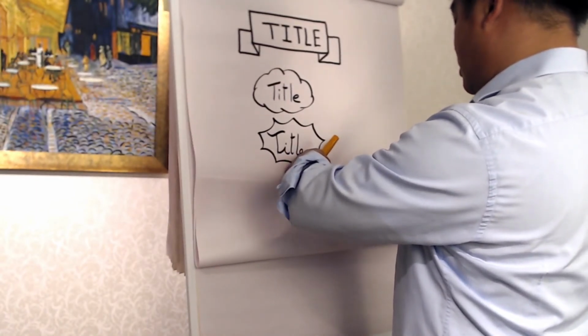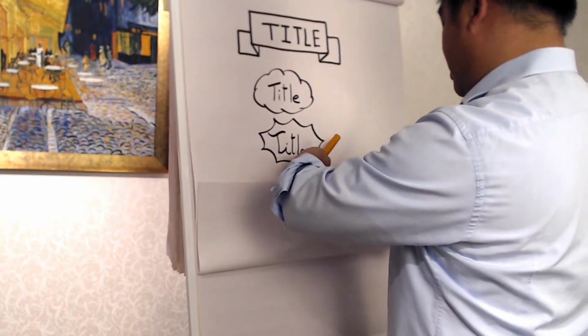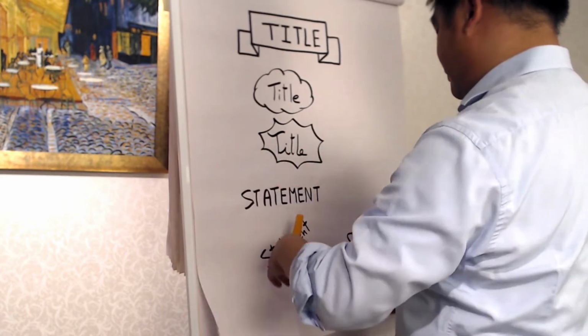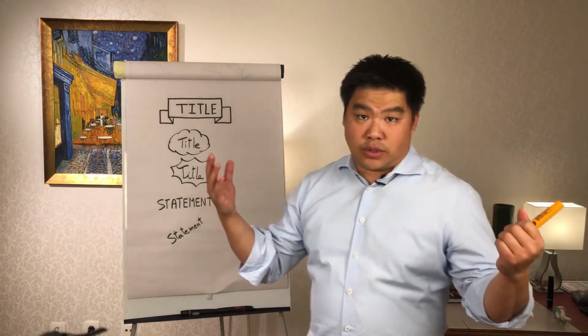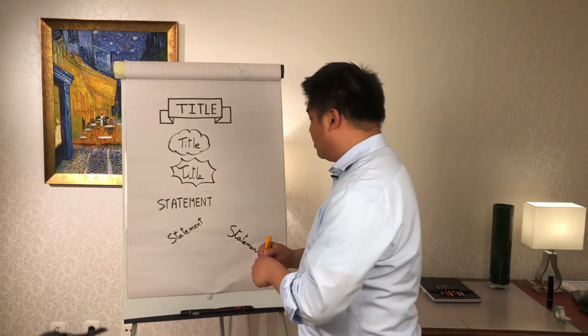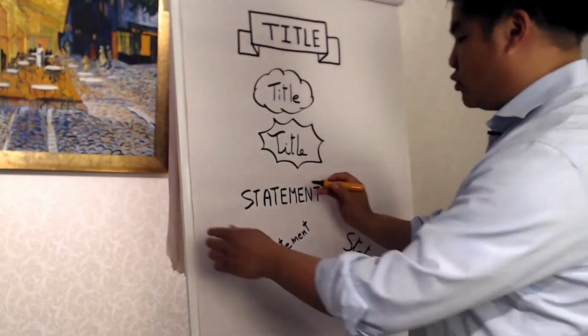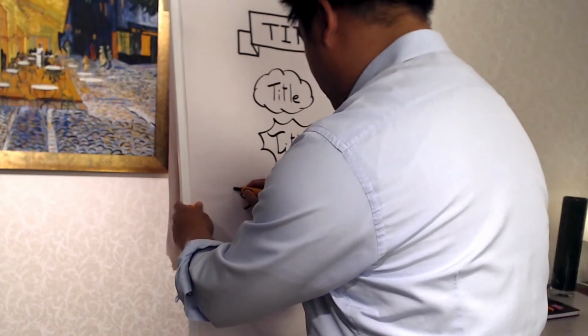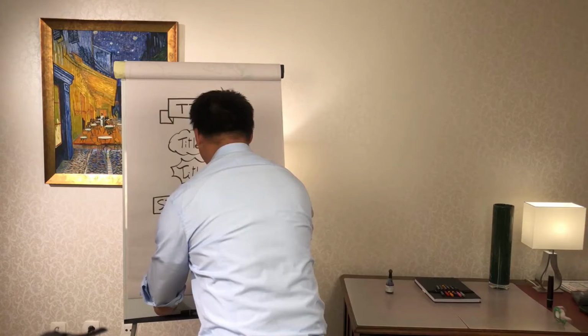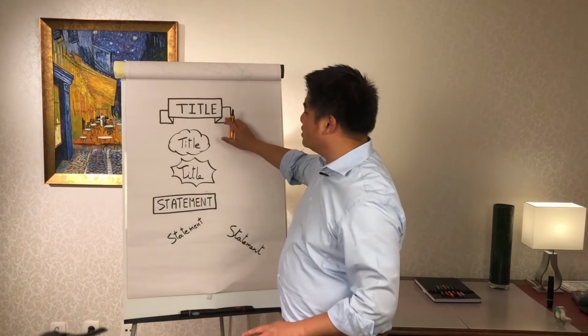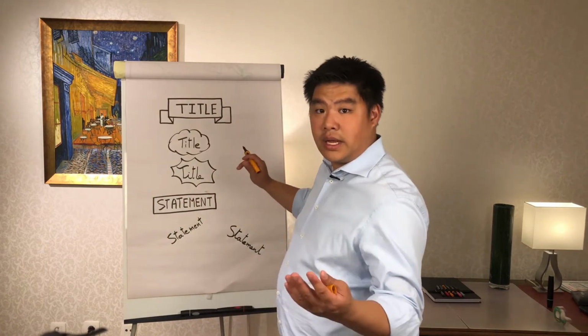All right. Second up is the statements. Watch out, I don't want to rip the paper here. I prepared this flipchart beforehand. Voila. Some statements. So what you can do with statements is you can start with drawing the box again, just like we did with the title. But instead of making it like a banner, you can add pins.